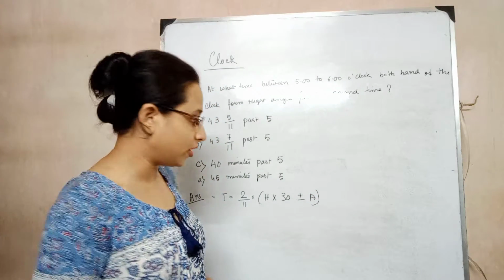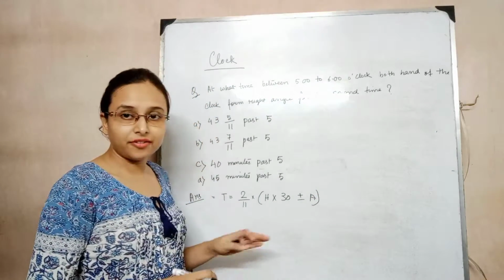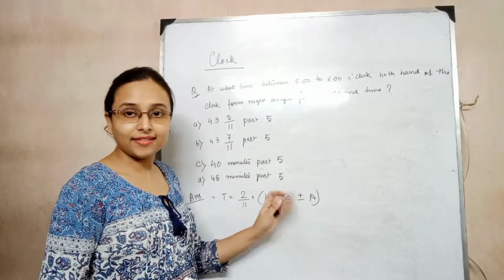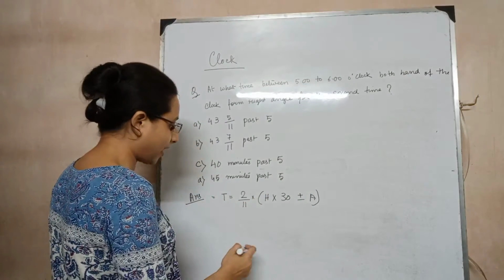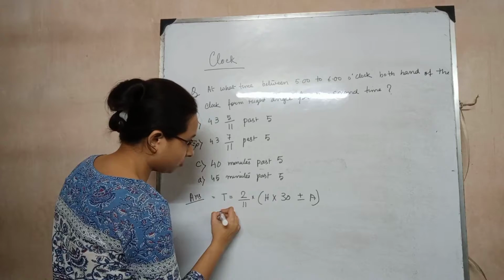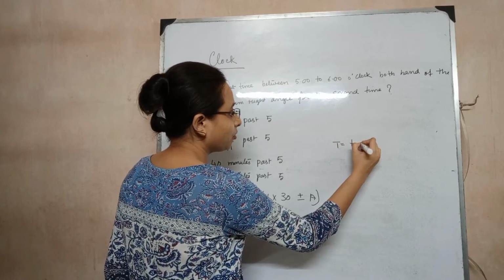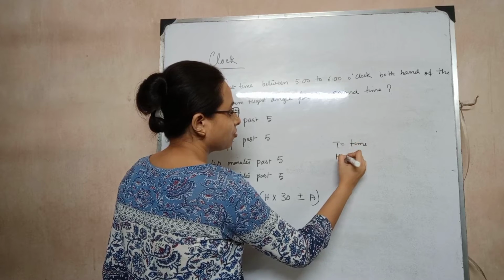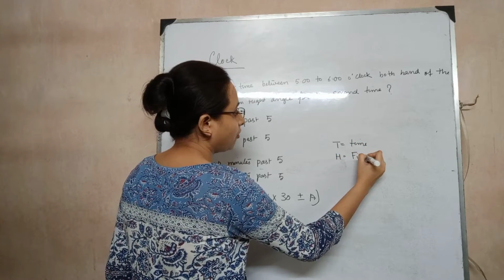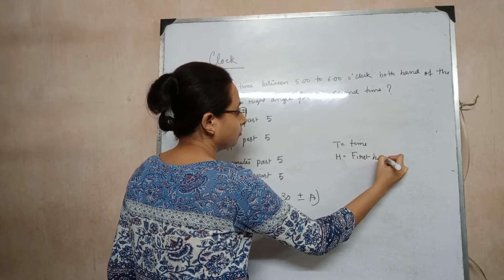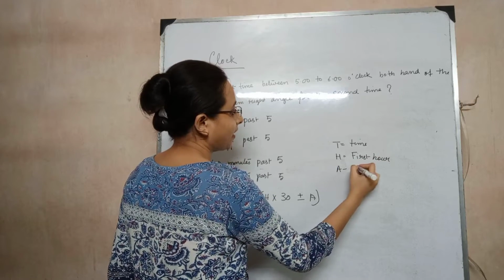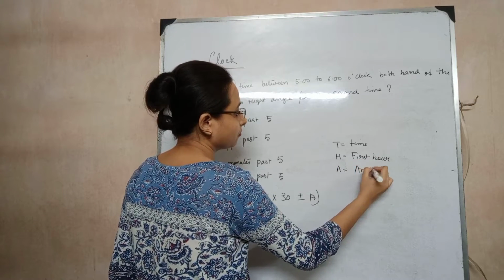Right? This is the formula. So H you know is the first hour and A is the angle. Right? T is the time. So I'll just write it here so you won't have any problem. T is equals to time. H is equals to the first hour. And A stands for angle.